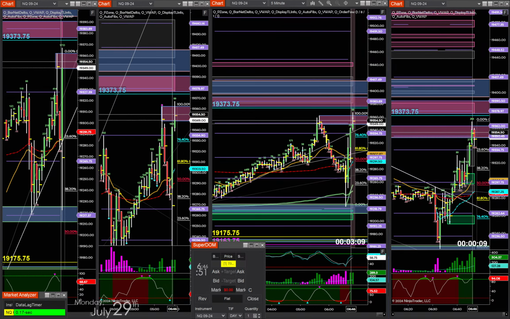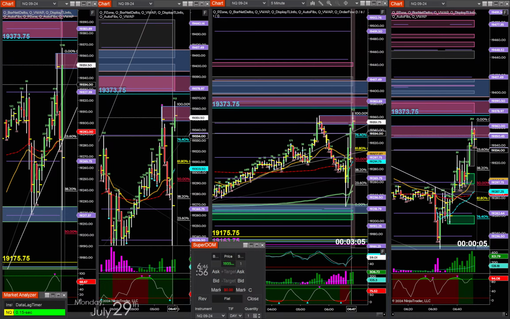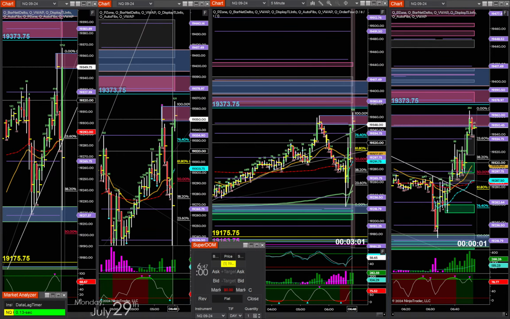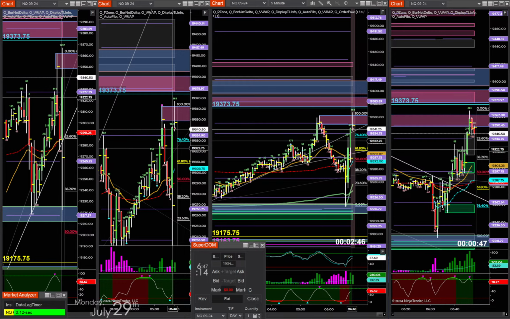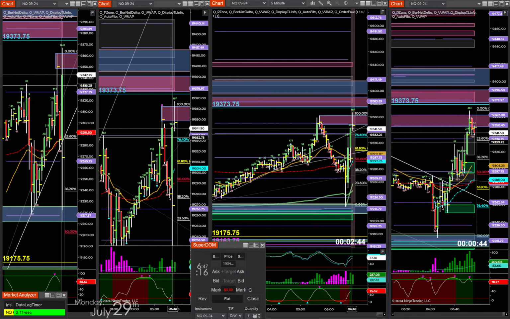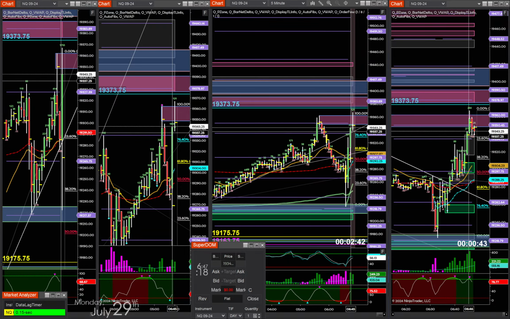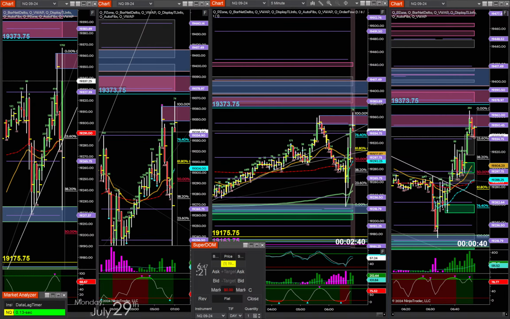So my next level is 19,373.75. So that 1 minute zone is holding up right here. It's holding up pretty good, unless it breaks.